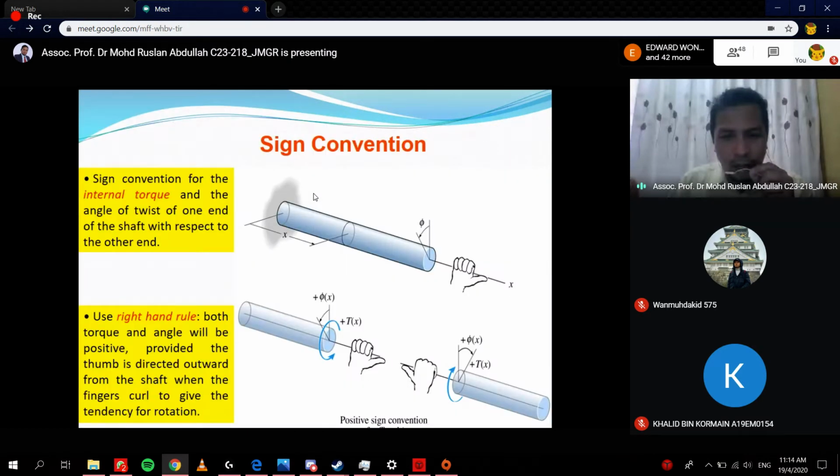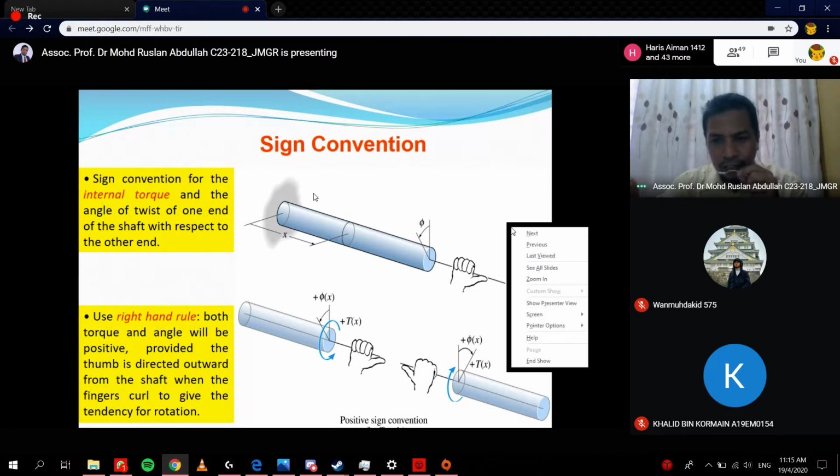It is based on the sign convention. You use your right hand, the right hand rule. Your fingers show the direction of the positive torque, and your thumb refers to the direction of the axis.